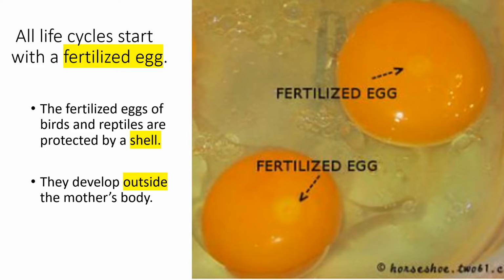Birds have a hard shell to protect the fertilized egg inside, and reptiles have a leathery shell that protects the fertilized egg inside. And they develop outside the mother's body. Okay, so when birds and reptiles lay their eggs, the organism will grow outside of the mother's body, protected by either a hard shell or a leathery shell.